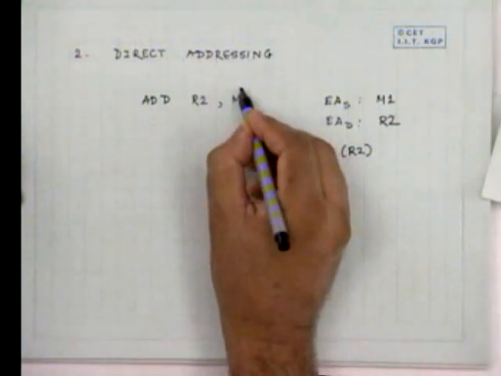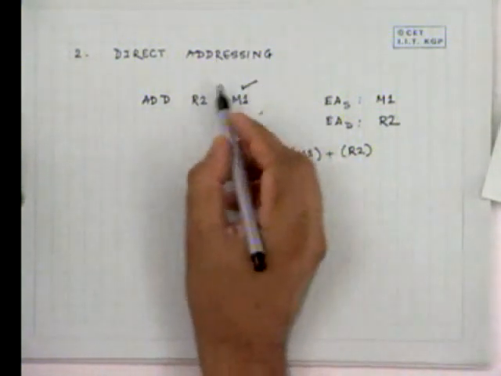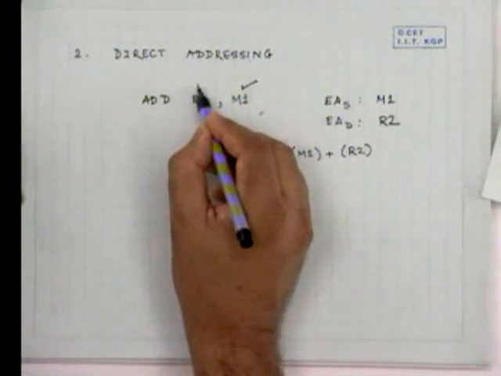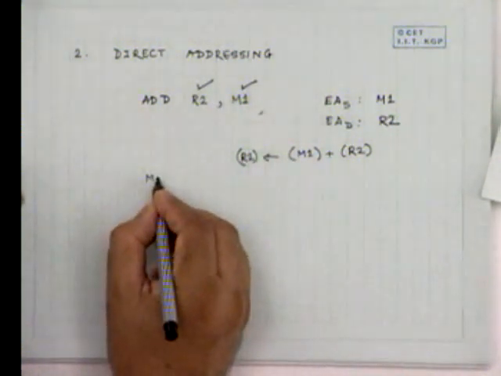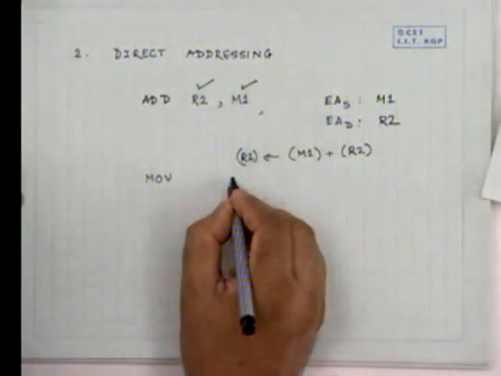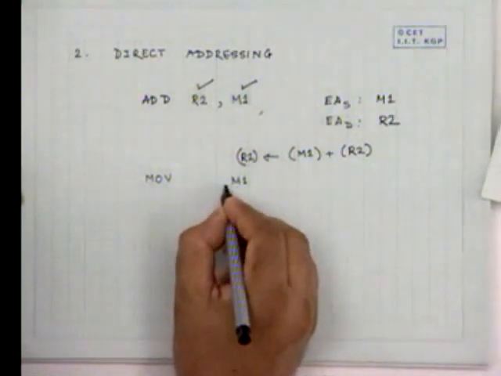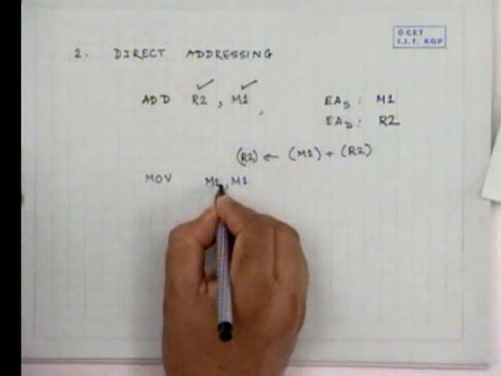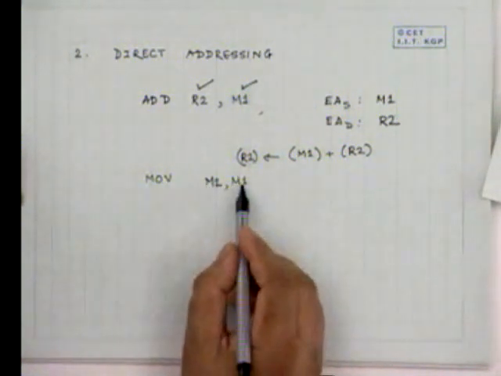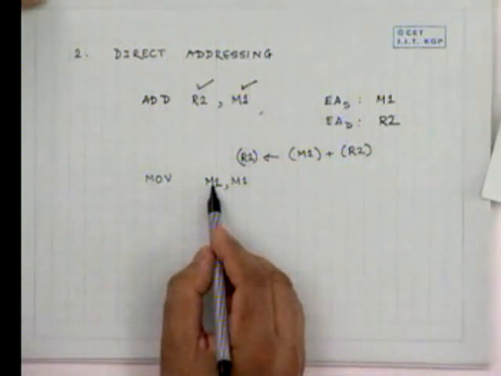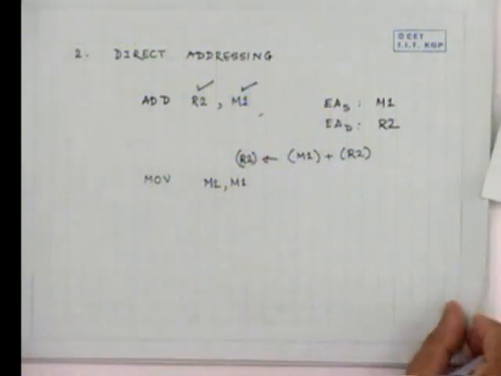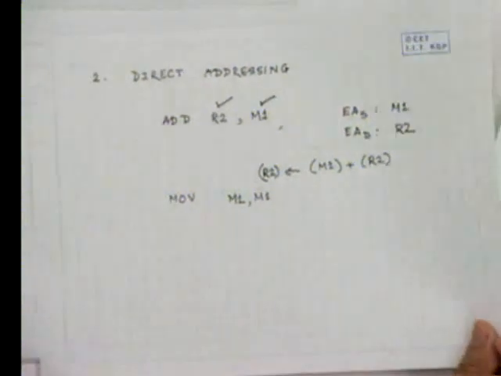Here the source is direct addressing and the destination is register addressing. Similarly, we can have, say, move M1 to M2. Both are direct addressing. That means the content of M1 is moved into the content of M2.